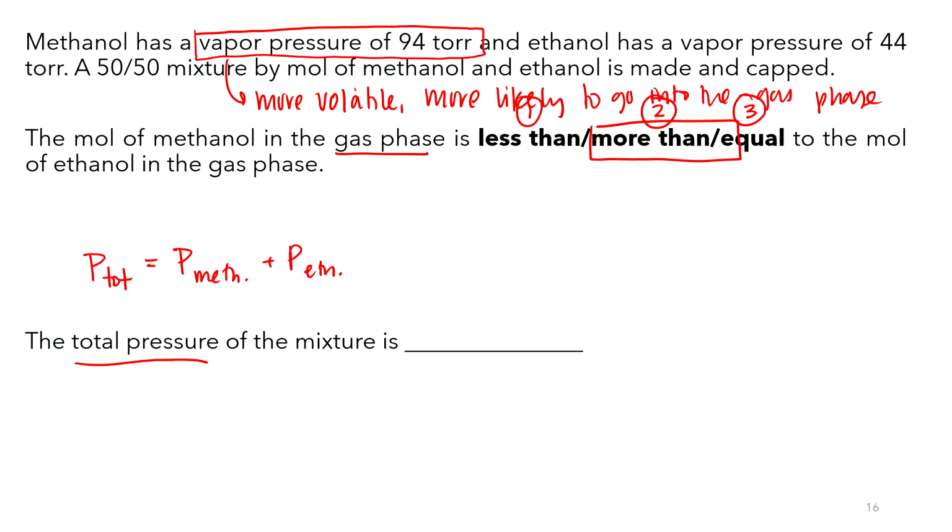Those particles of methanol and ethanol are beating against the walls, exerting pressure. Each one of those is going to be dictated by Raoult's law. So the pressure exerted by methanol will be the mole fraction of methanol times the vapor pressure of pure methanol. And the same is true for ethanol. All right? So now I can plug numbers in and solve for the total pressure.